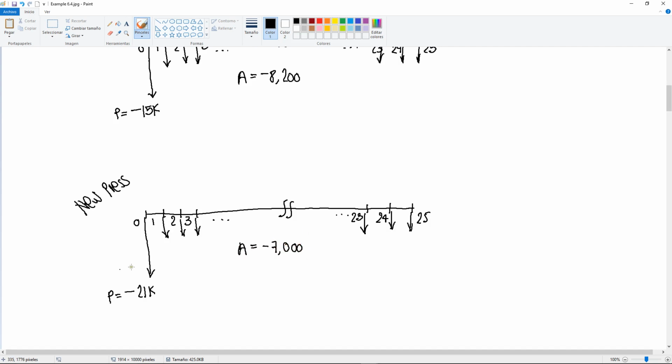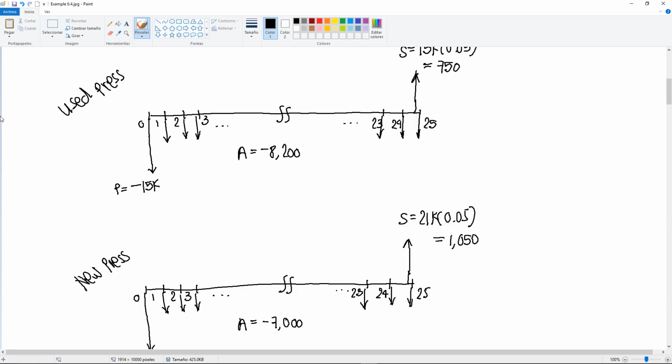And the salvage value would be 5% of the P, which is going to be, in year 25, salvage equals 25,000 times 0.05. This is going to give us 1,050. Okay, so you have your two diagrams here for the used and the new press.